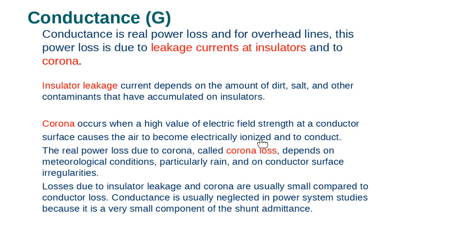So corona, what's it called? When there is a high value of electric field strength on the conductor surface, it causes the air to become ionized. This is the idea of corona. What do you mean by ionized?